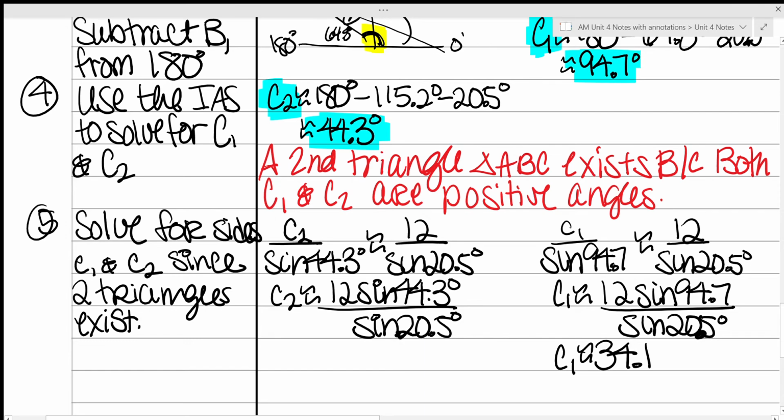Okay, so let's enter that one in now. There. 12 sine 44.3 divided by sine 20.5, and I get 23.9.